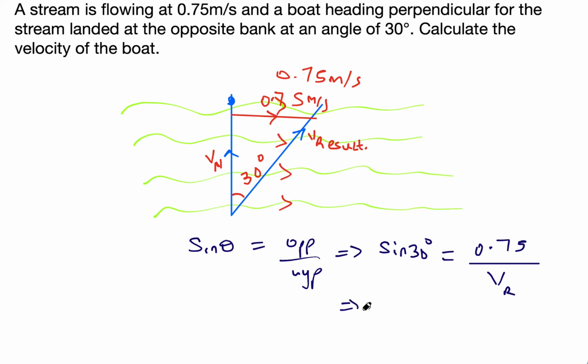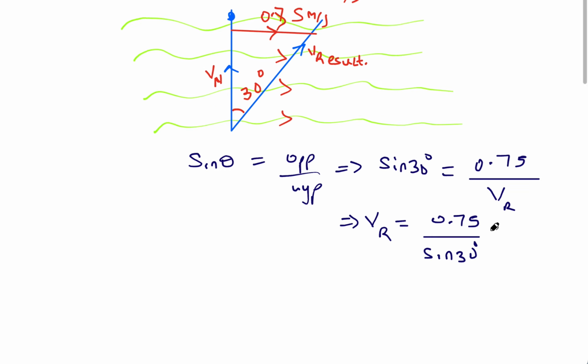So that implies that VR equals 0.75 divided by sine 30 degrees. And what would that give us? That would give us 1.5 meters per second.